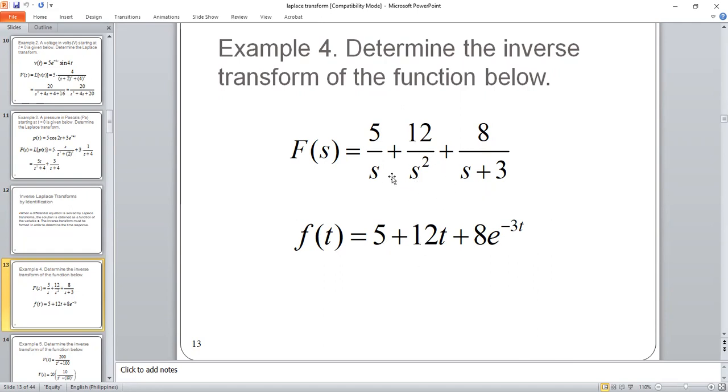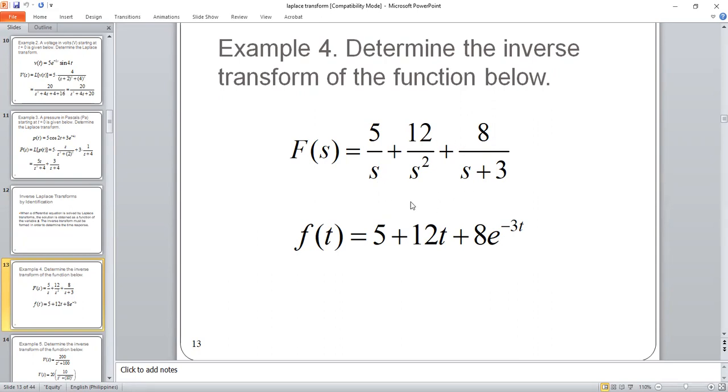Now for a denominator which is an s raised to a particular exponent, it was also pointed out that it must have been coming from a function of t raised to n.